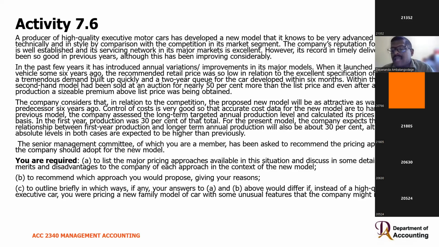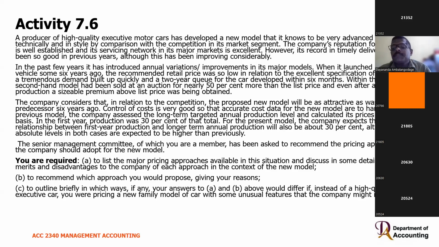Control of cost is very good, so accurate cost data for the new model are to hand. Accurate cost data may be activity-based costing, cost management. So their cost controlling aspect is very strong. Management accounting practices with regard to strategic cost would be much more advanced.